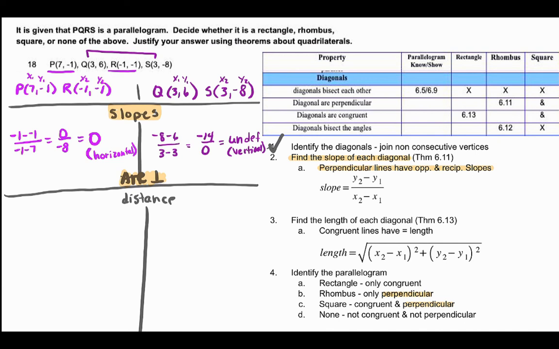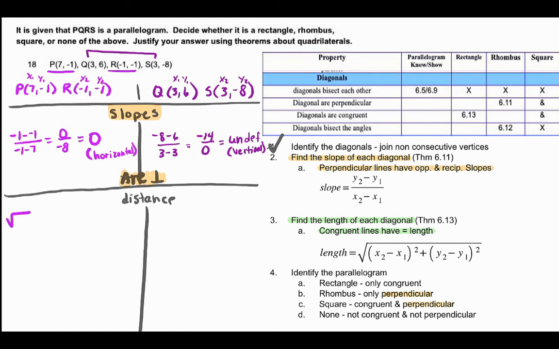So we go to the distance calculation. Keep in mind that we're calculating the distance because we're finding whether the lengths of the diagonals are congruent. Congruent diagonals have equal length. So this goes back to theorem 6.13. So we're going to calculate our lengths.